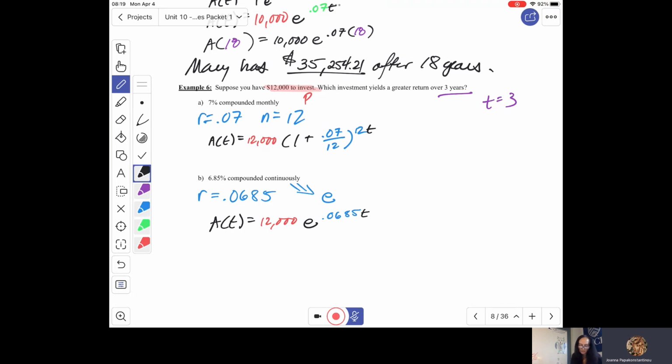So hopefully you're using each of these formulas to answer the question. So if I'm looking for after 3 years, I'm letting T equal 3. Being ever so careful to put this in the calculator with the appropriate notation so it can use the order of operations correctly.